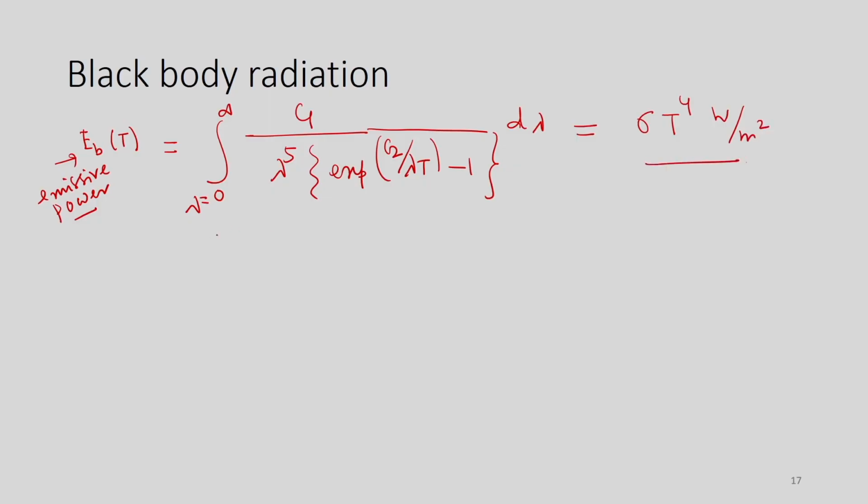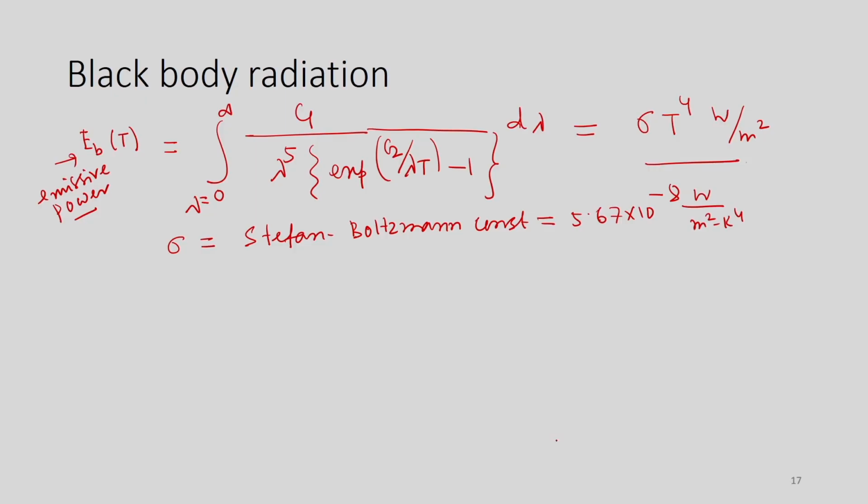So, what is sigma? Sigma is the Stefan-Boltzmann constant, and its value is 5.67 into 10 to the power of minus 8 watt per meter square Kelvin to the power of 4.